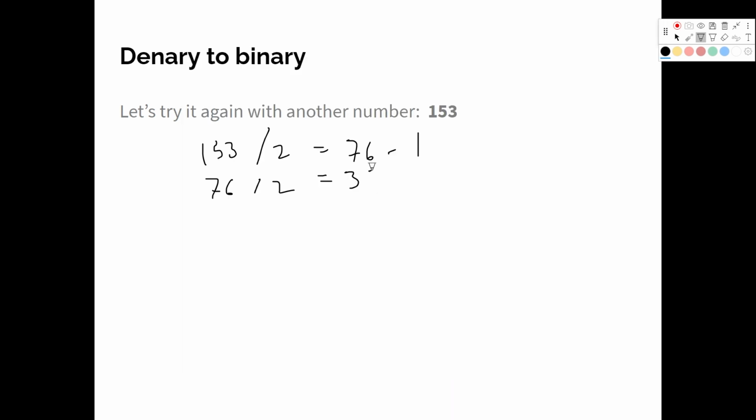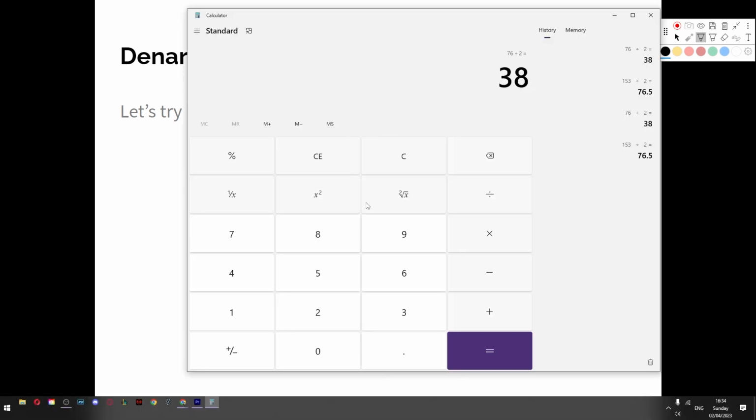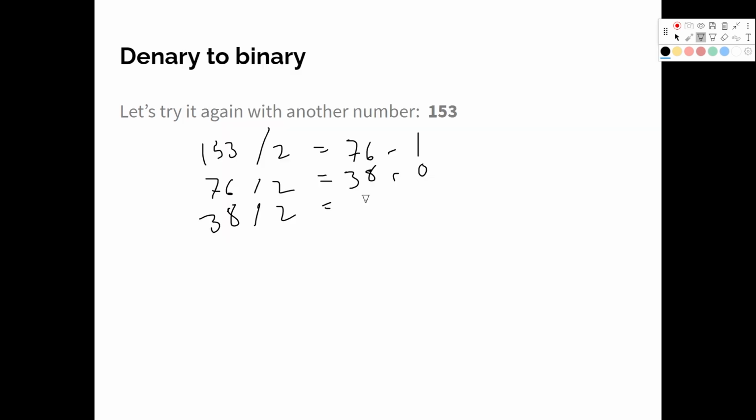That's 38, remainder 0. And then we do 38 divided by 2. That's 19, remainder 0. We do 19 divided by 2. That's going to be 9 remainder 1.